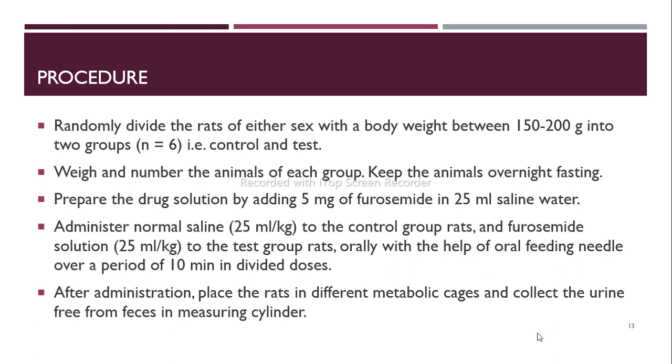We have to name these two groups, the control and the test. Then we have to weigh and number the animals of each group. For weighing, we can use a simple weighing balance. To number each animal, we have to draw lines onto the tail of the animal.